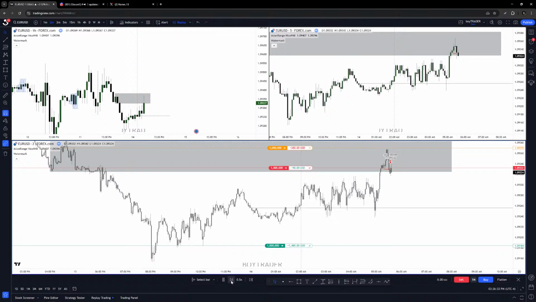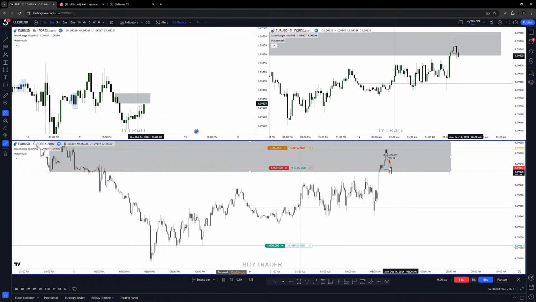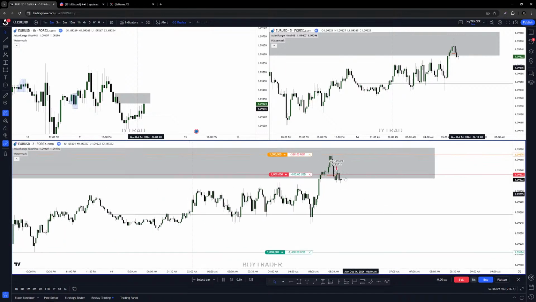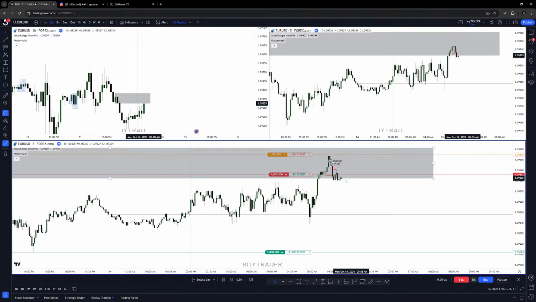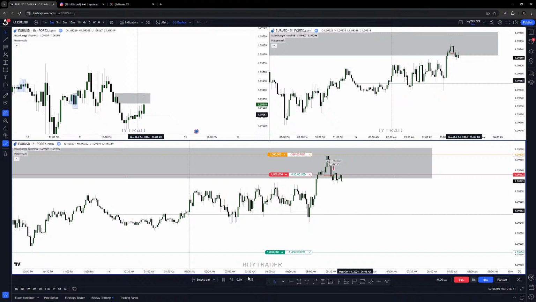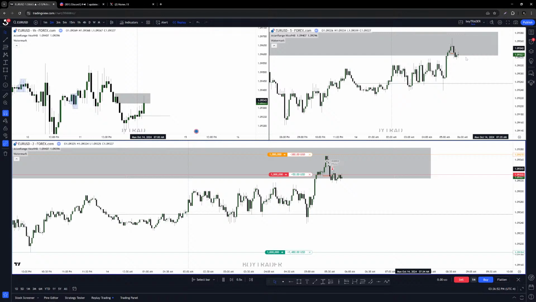Let me skip it a little bit. Now we trade higher into the gap, then hit the low of the other block. Now we're still going to be watching the 5 minute chart.